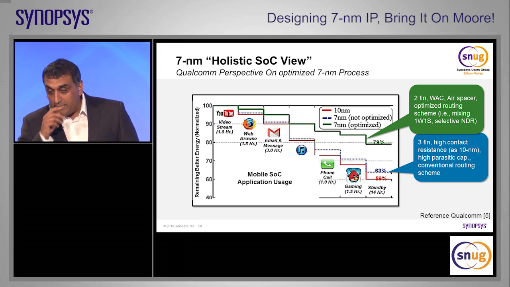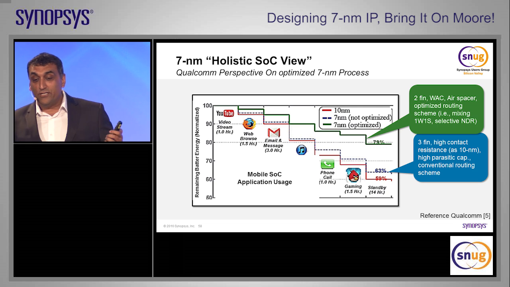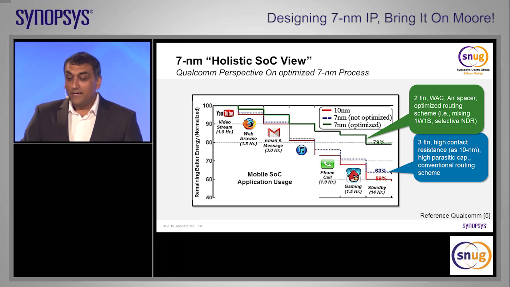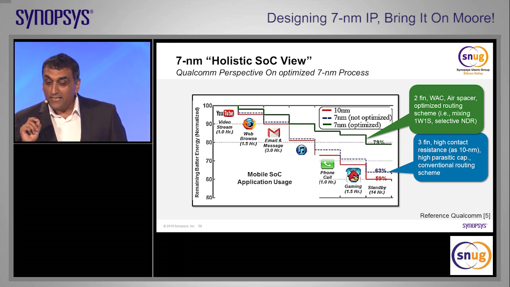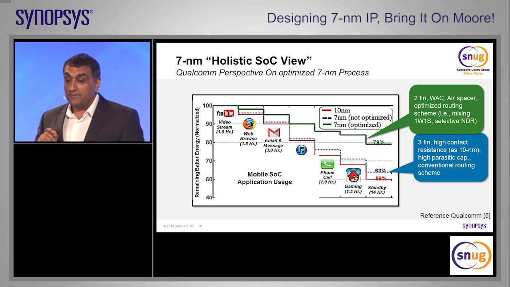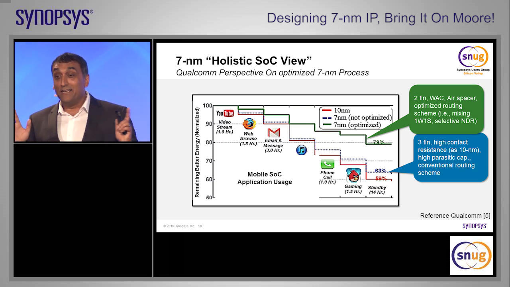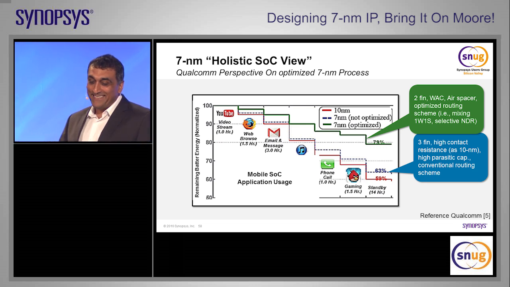What his team did was they compared 3 technology nodes. But the interesting point here was that they compared 2 versions of the 7 nanometer. And this is theoretical. It's not any foundry-specific information.